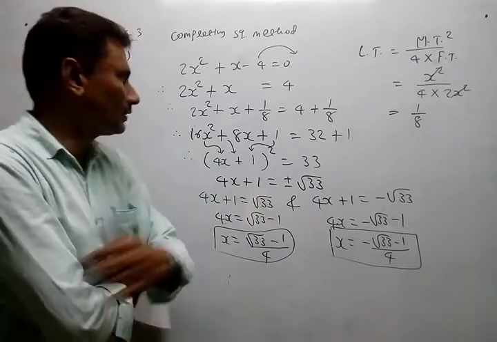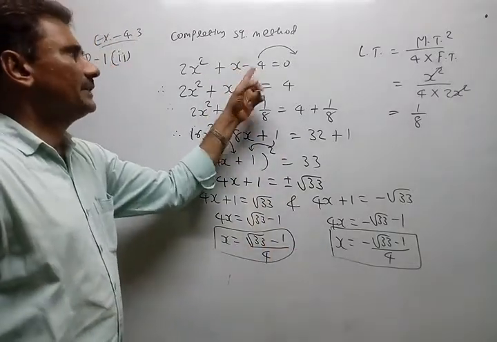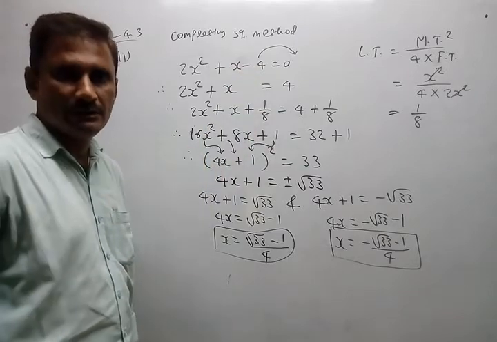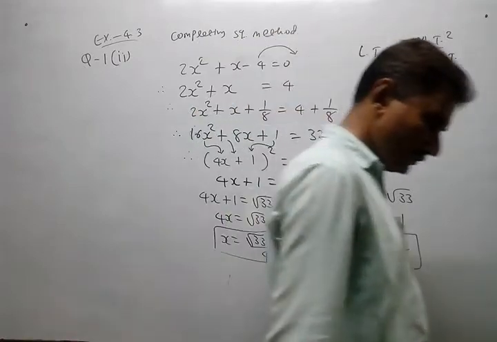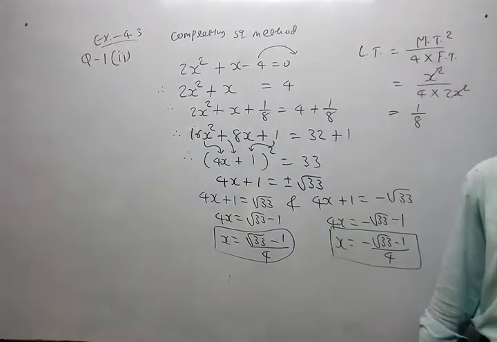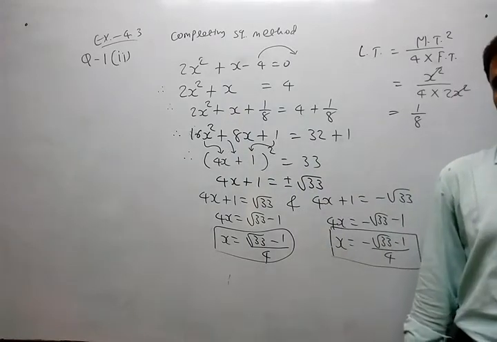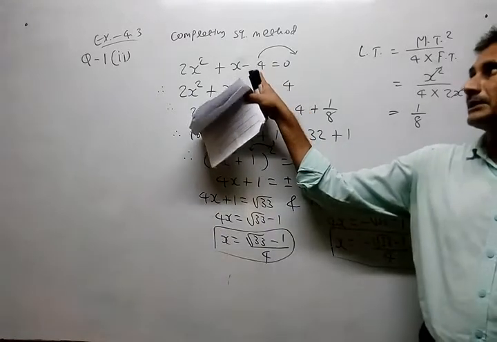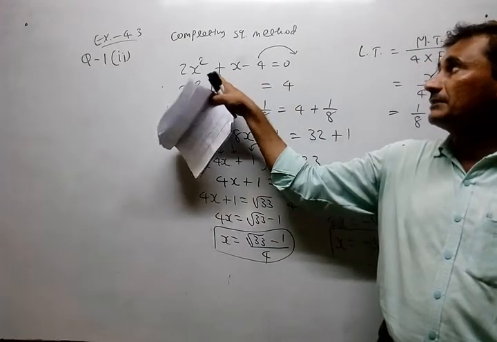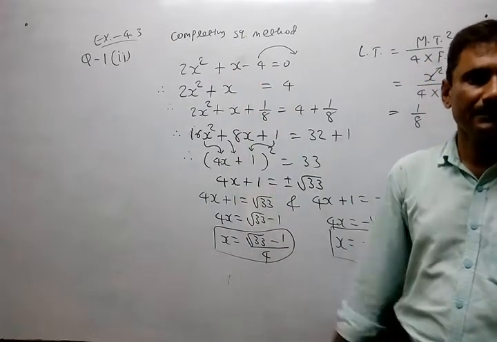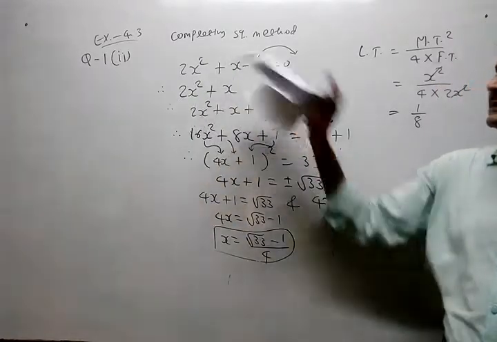Here they are irrational, so if you try anyway, factorization never works. Again, I repeat: only when the roots or values of x are rational can factorization be applied. Otherwise, you cannot get factors of 8 whose difference becomes 1. Not possible. So here this method is compulsory to solve this sum.